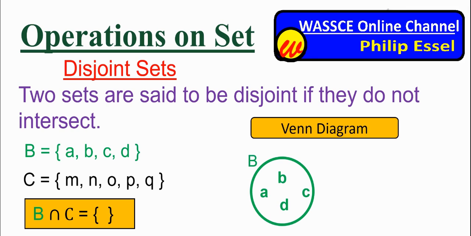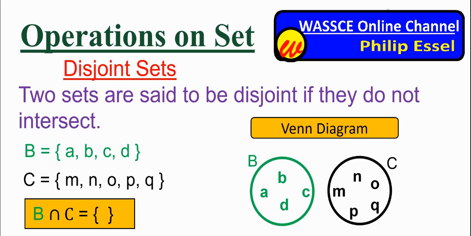So we have our set B with its members A, B, C, and D. We also have our set C with its members M, N, O, P, and Q. And of course, because they do not have anything in common, they form a disjoint set. So as you can see, the two Venn diagrams representing set B and set C were not intersected.